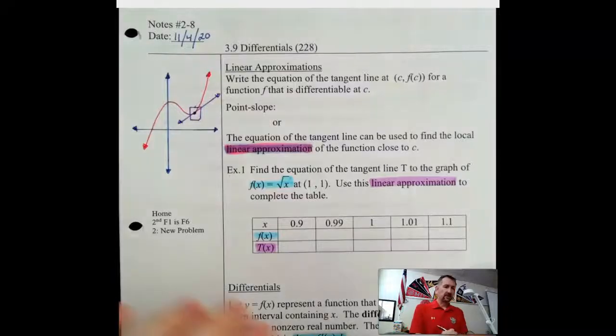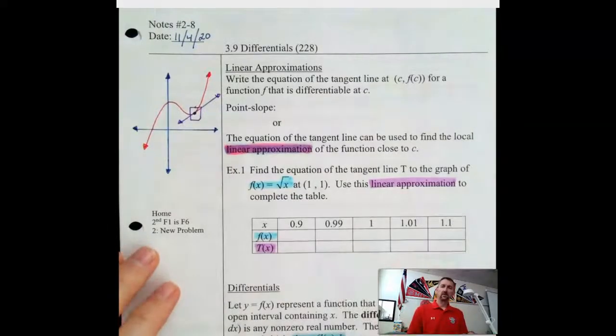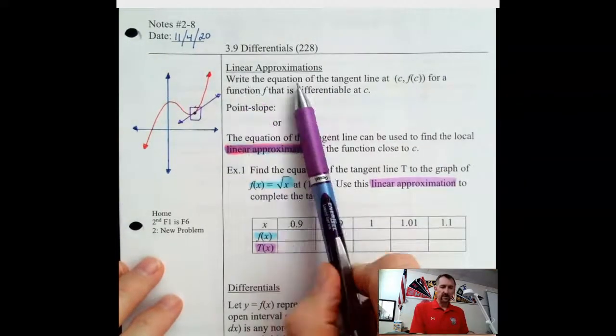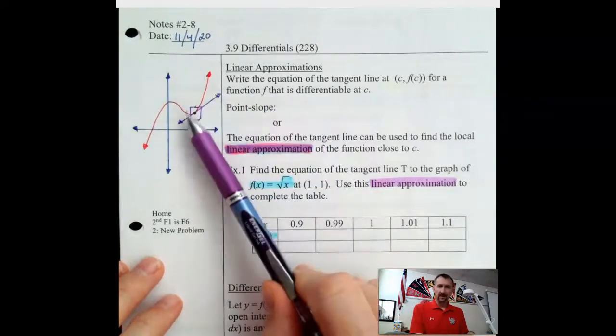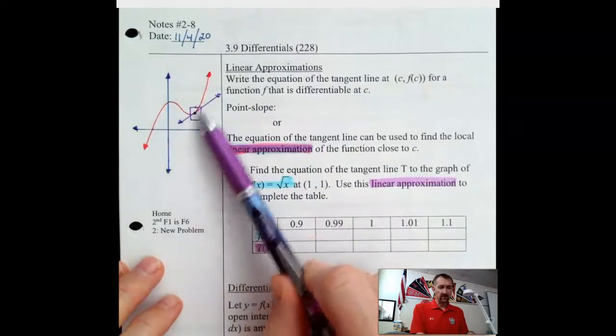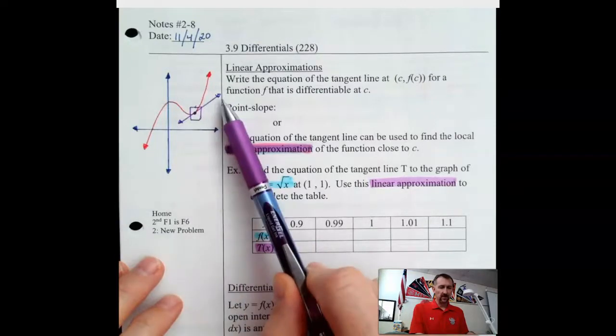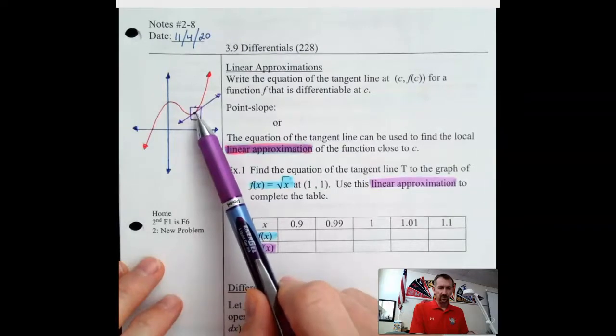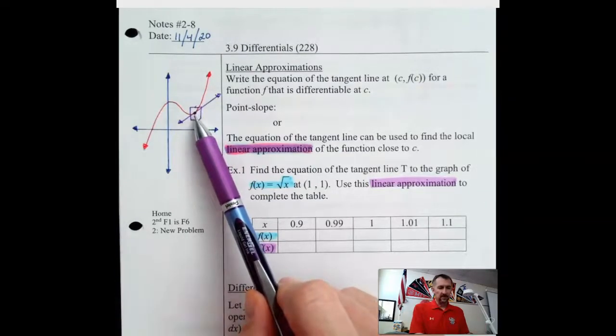Alright, so we skipped lesson 3.8 because of the shortened school year, but we're on 3.9, and what we want to look at here is a linear approximation. So if you think about it, if we have a function and we have a tangent line, and we were trying to find the value of the function at a certain point right here, let's say that this was 3.1.